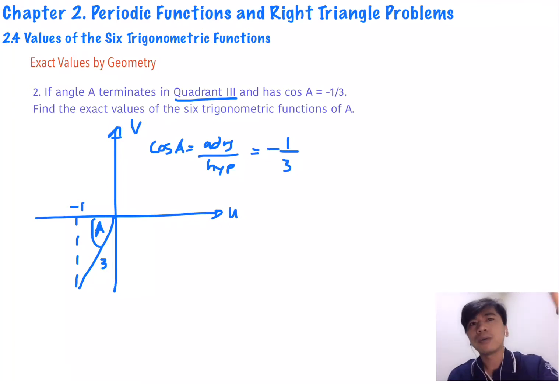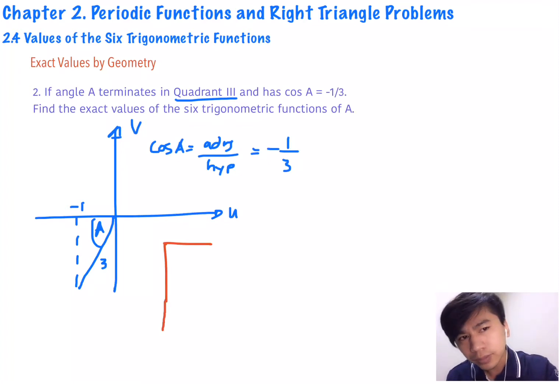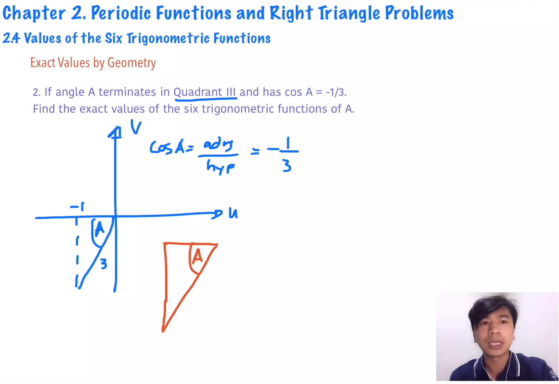And I will take out the reference triangle, put it over here, put this as the reference angle. I gave that this is -1, this is 3. I don't know what t is, and t is what I'm looking for.